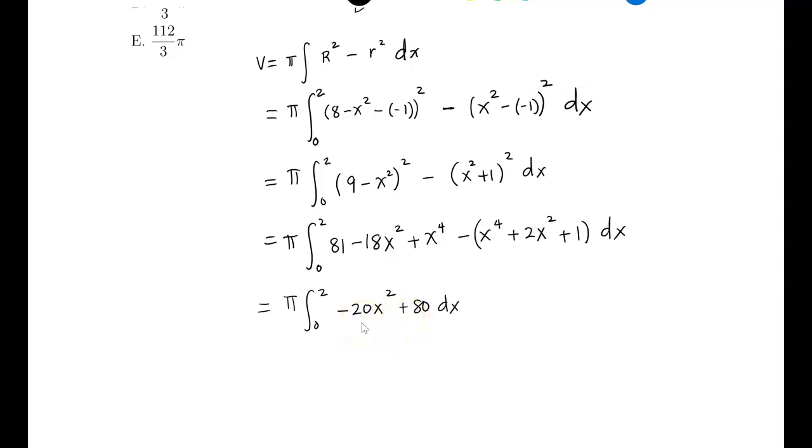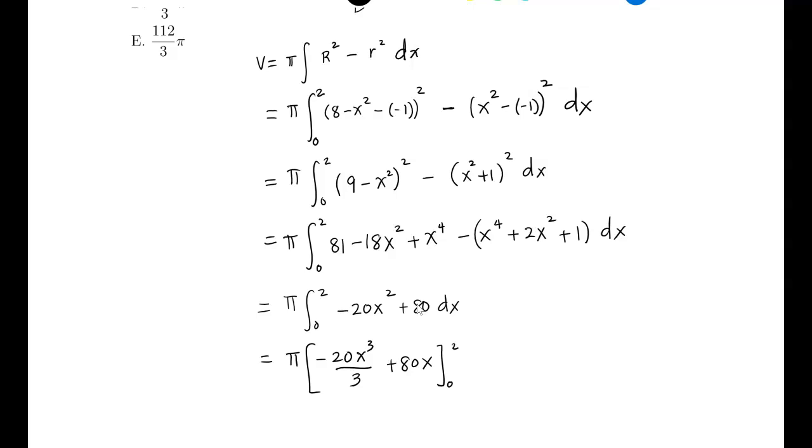So now let's go ahead and integrate this. We have pi times the integral of -20x squared, which is -20x cubed over 3, plus 80x, evaluated from 0 to 2.